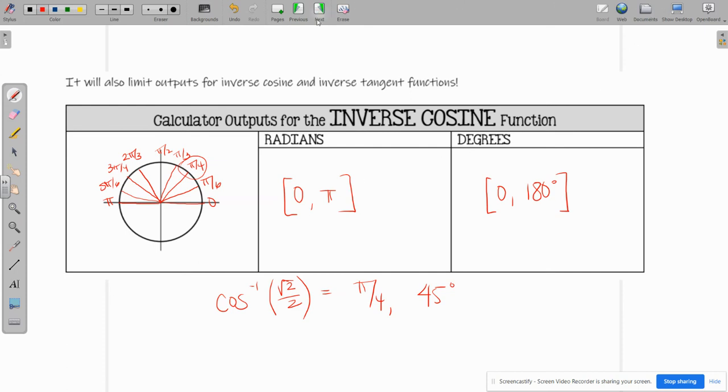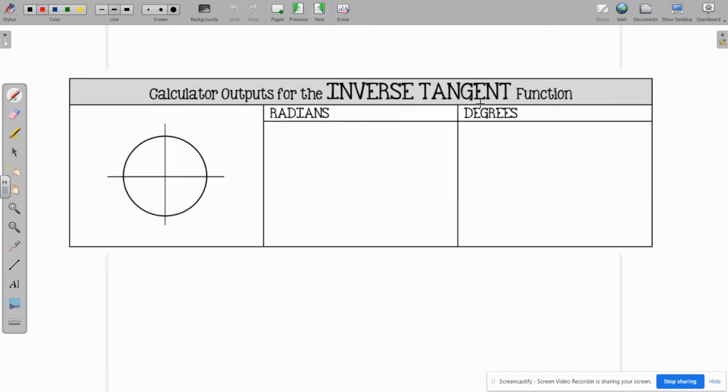So then the last one is the inverse tangent function. And the inverse tangent function has basically a very similar range to the inverse sine function. So we're actually going to cover these two groups of angles in the first quadrant and the fourth quadrant.